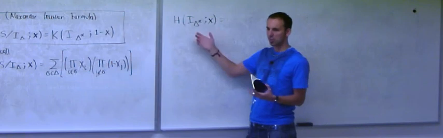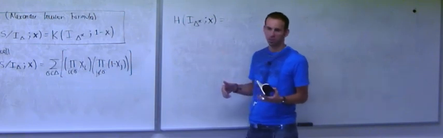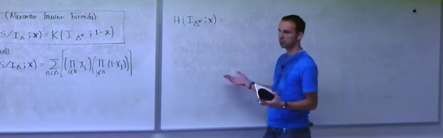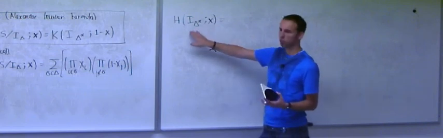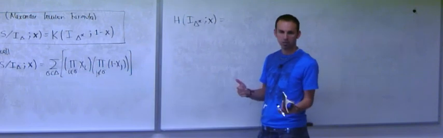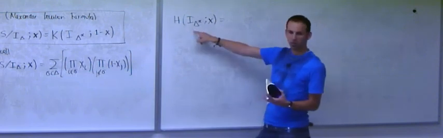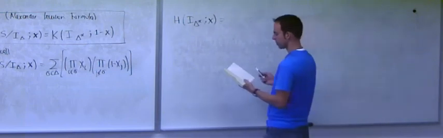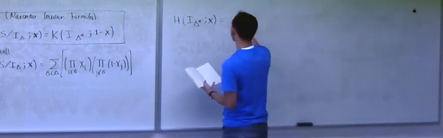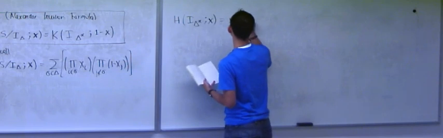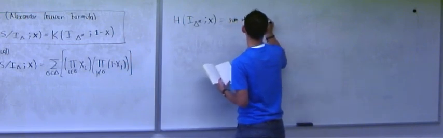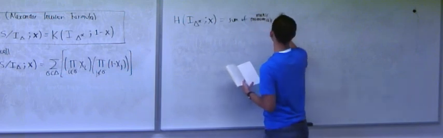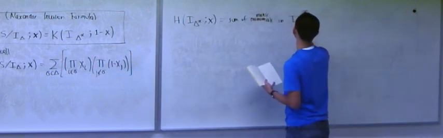And so by computing the Hilbert series, what I want to do is just tell you in multi-degree b, how many things do I have? And that's going to be either 1 or 0, according to whether x to the b lives here or not. And so what I'm going to get is basically the sum of the monic monomials in here.